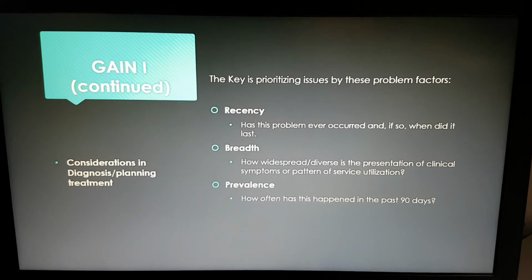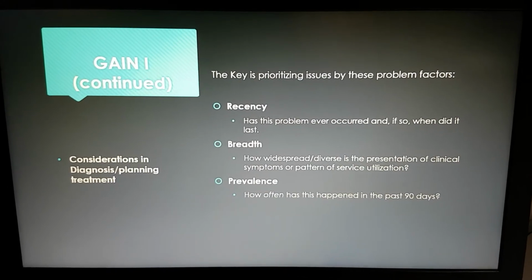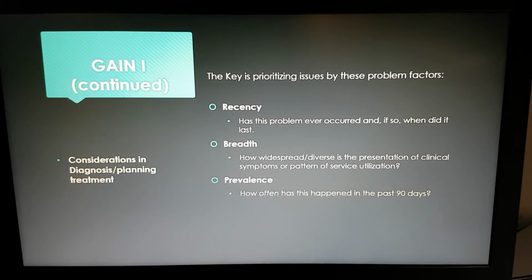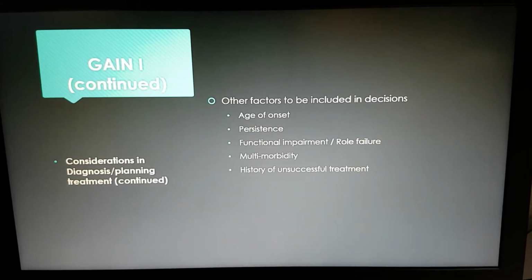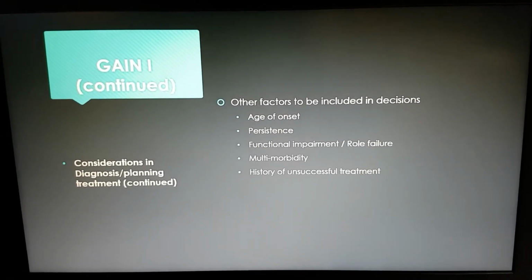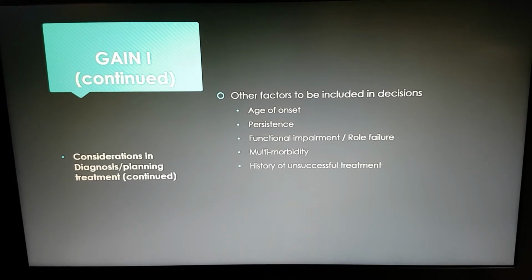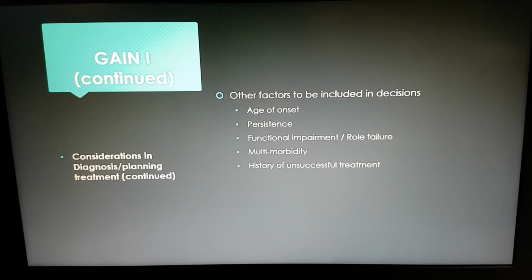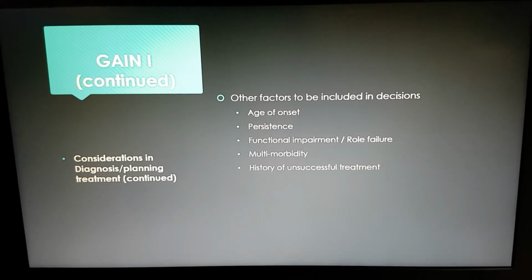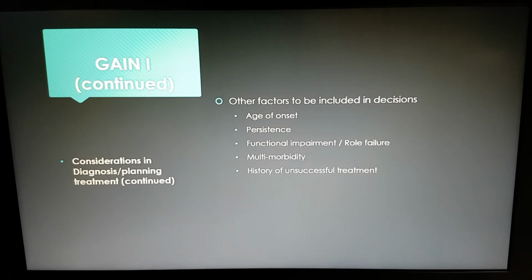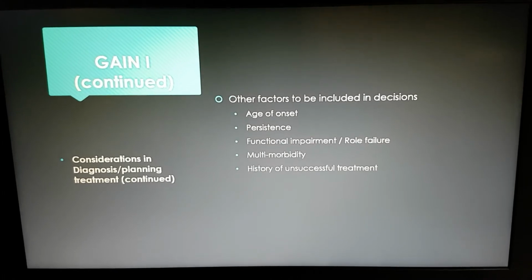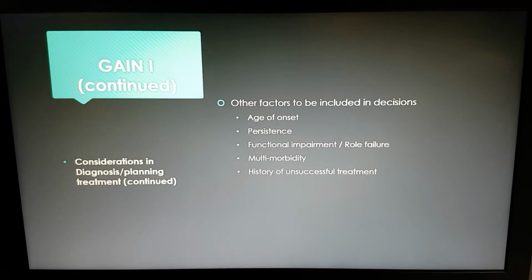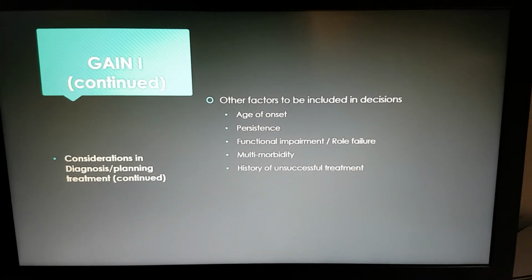And prevalence: how often has this happened in the past 90 days. So these are big things to keep in mind. Also, for considerations of diagnosis, there are some other factors that need to be included in the decisions: age of onset, so how long the person has been using or suffering; persistence, how often; functional impairment and role failure; multimorbidity; and history of unsuccessful treatment.